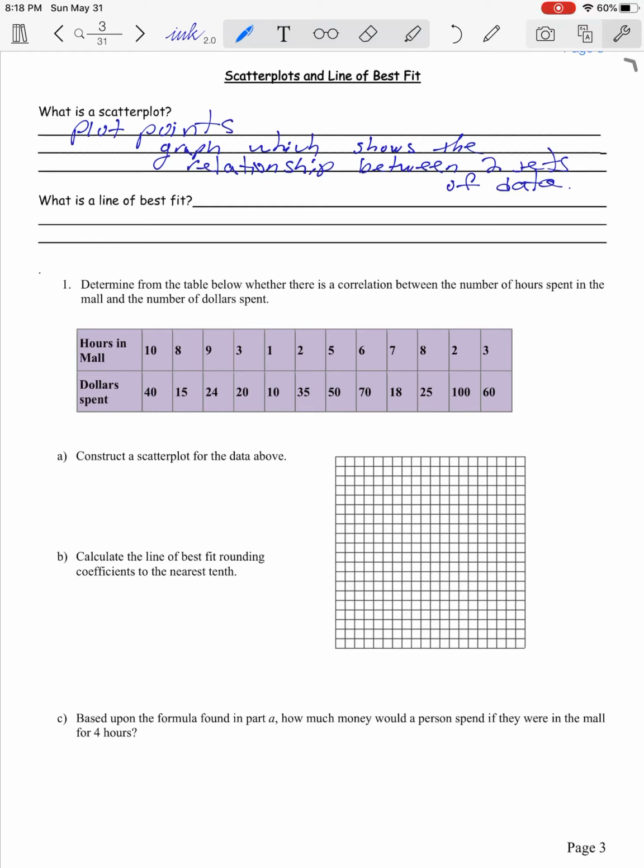So we're going to use the same graphs we're used to. And then we're going to find the line of best fit. When we find the line of best fit, that is a line. So Y equals, we're going to do AX plus B in the calculator. And it's the line which fits with the data.